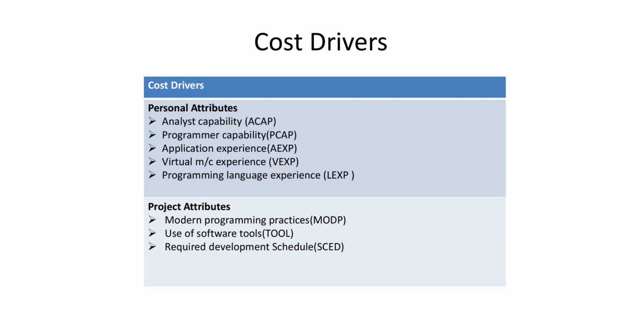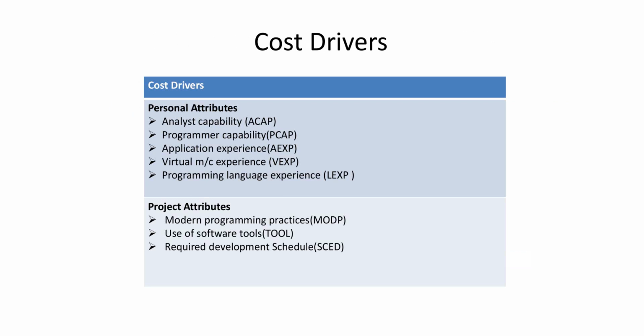And finally, the project manager works on the project attributes like modern programming practices, that means what he uses, like if he's asking you to use try and catch based systems, and use of software tools or required development schedule. He is creating a schedule timeline and milestones for seeing whether the project is going in the right direction or not. So all these cost drivers are going to impact the effort.